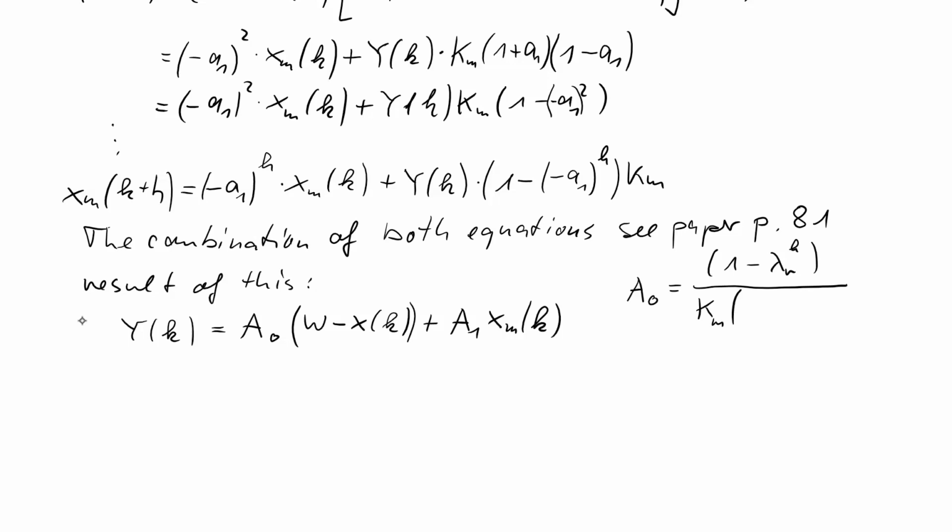Km, the model process gain, I must know because I have identified my model, and the A1 is also a model parameter, H the horizon. So these are all values which are known, and I can calculate this value, this a sub o, in a previous step. Note that this is a controller output, this is a control difference, and this is a constant factor.